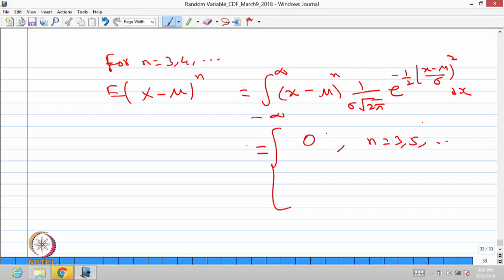Now, the question is what is the value when n is an even positive integer?